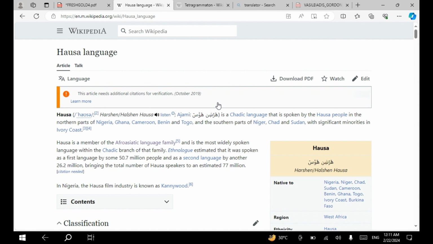I know what I'm saying. The Hausa people are the Aramaic speakers today, which Hebrew is claiming to be Aramaic, and I have proof.